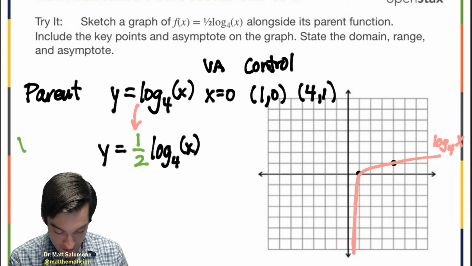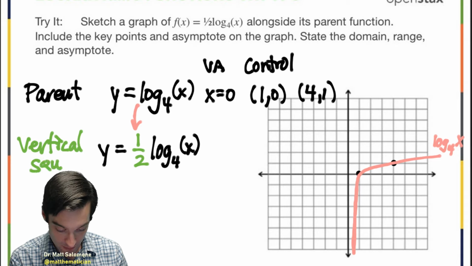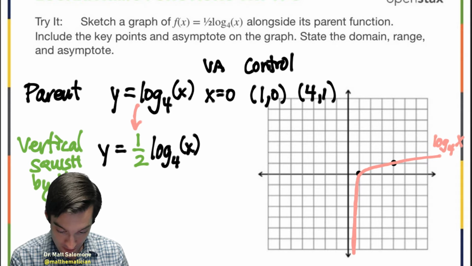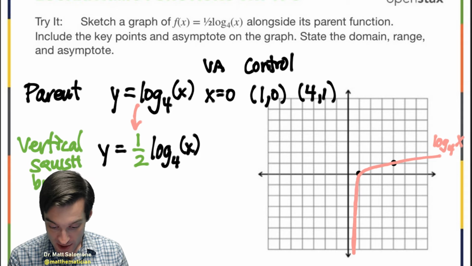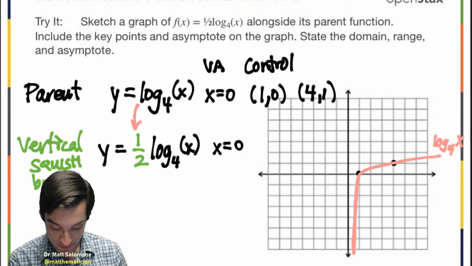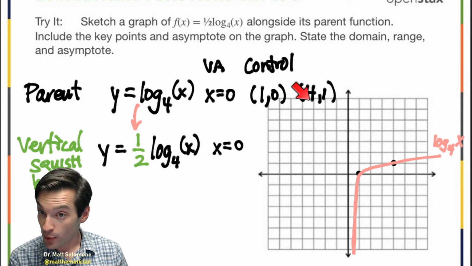I have done a vertical squish by a factor of 2. So my new graph is going to be half as tall as the old graph was. That vertical squish, any vertical thing that happens, is not going to change where my vertical asymptote is located, but it is going to move both of my control points twice as close to the x-axis as they used to be.